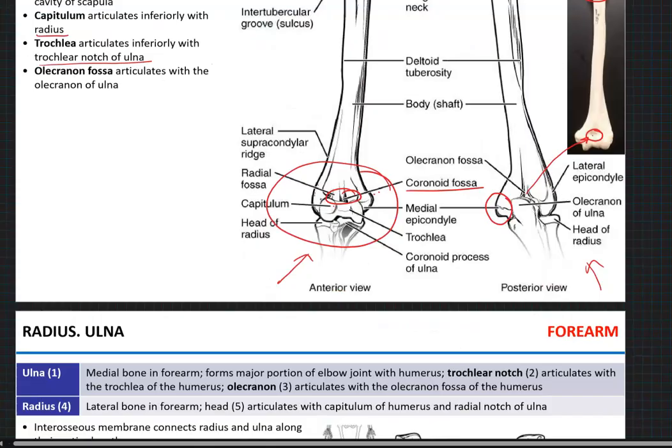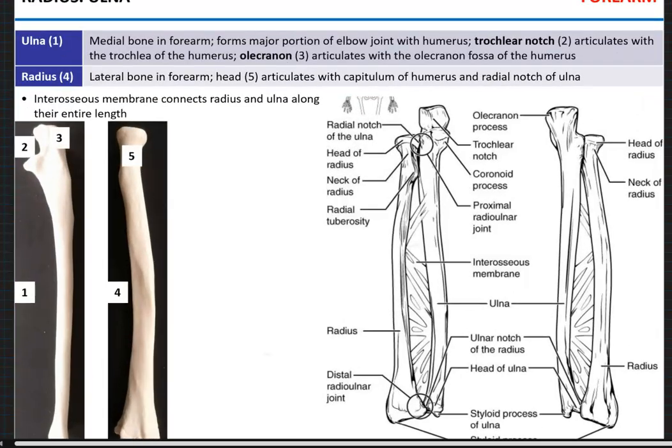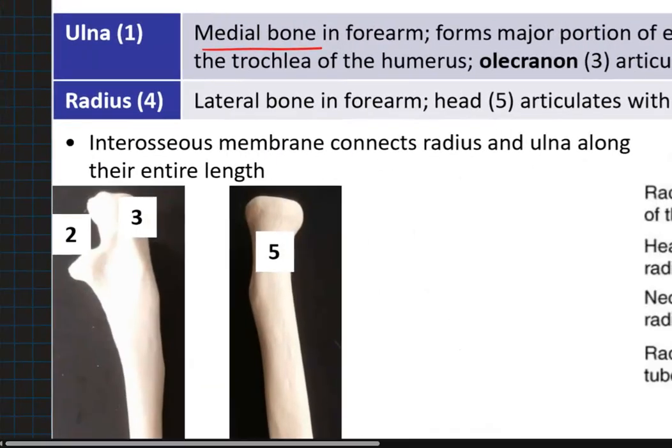Now, when we move on to the bones of the lower arm, there are two of them. There is the ulna, which is the medial bone. And if you look at the ulna, I'm going to blow up my photograph. So this is the trochlear notch.